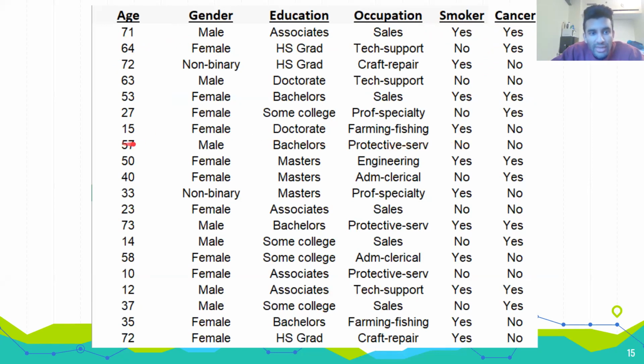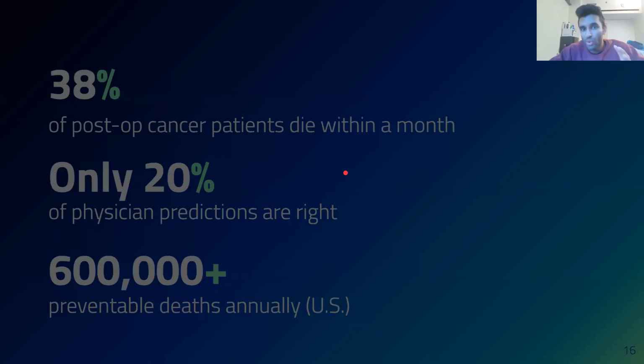Whereas this patient over here is a 57-year-old male who didn't smoke and didn't have cancer. So every row here is a patient, and every column here is a clinical attribute or a different kind of attribute. So we can look at all the education levels or all of who smoked and didn't smoke, and every row gives you an individual patient. I'm kind of repeating this a lot, but it's hammering down the point of what a data frame is, and it's very, very important very shortly.